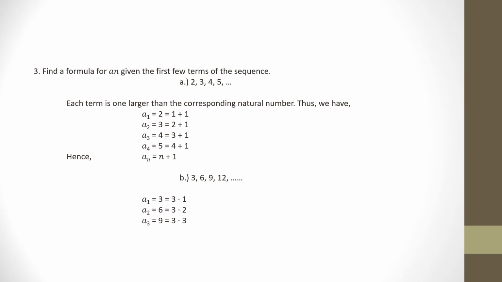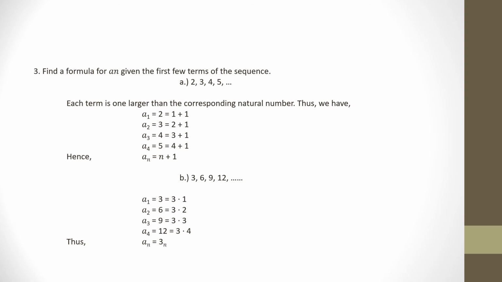A sub 3 is equal to 9 is equal to 3 times 3. A sub 4 is equal to 12 is equal to 3 times 4. So, titignan mo dyan, tapat-tapat, 1, 1, 2, 2, 3, 3, and then 4, 4. So, kung isusulat mo dyan, that is a sub n is equal to 3n.